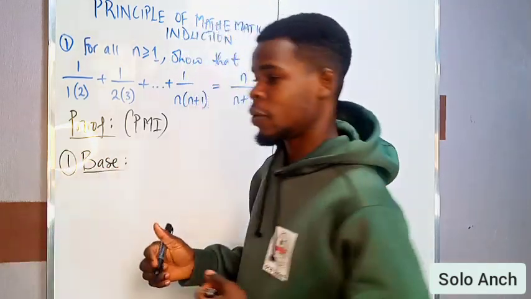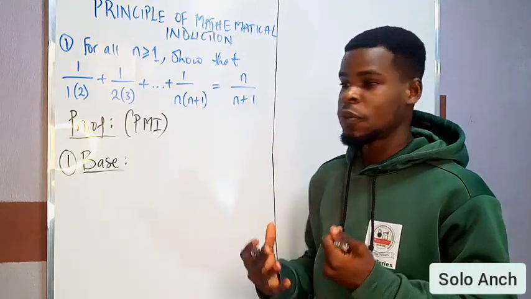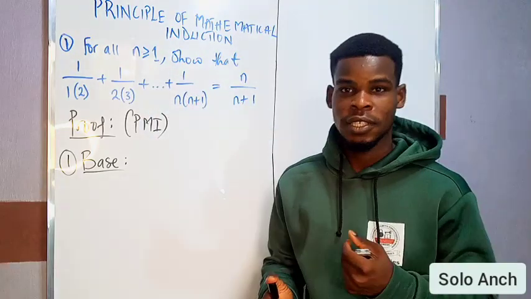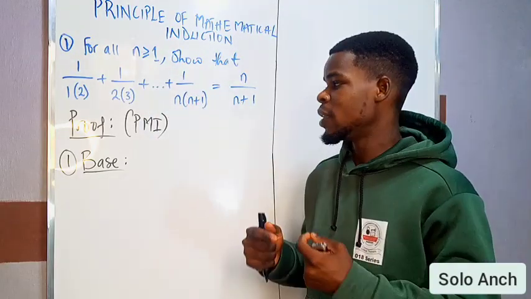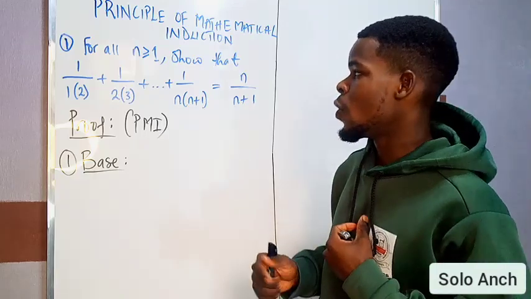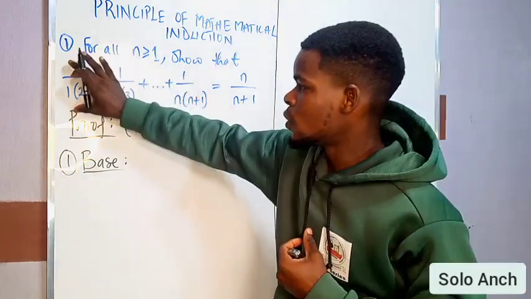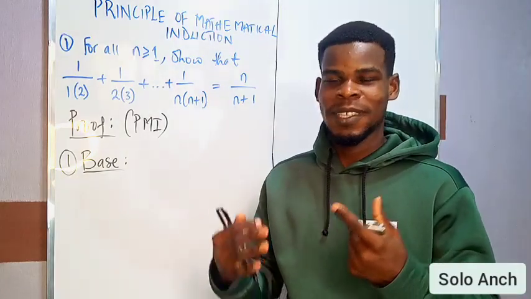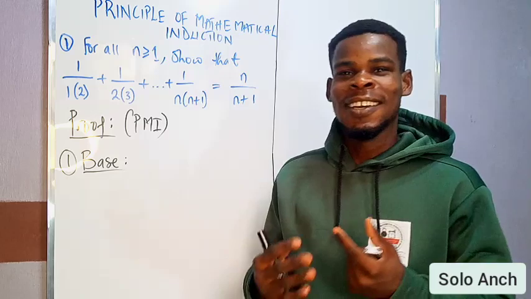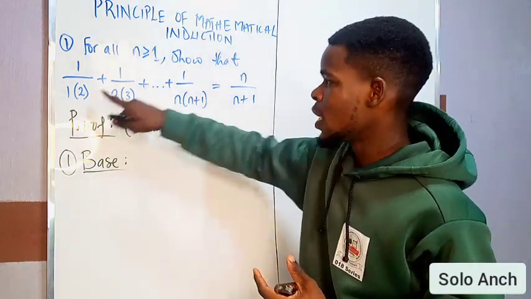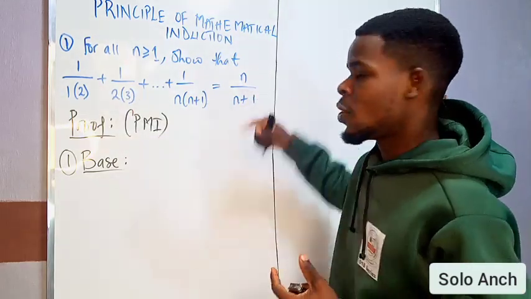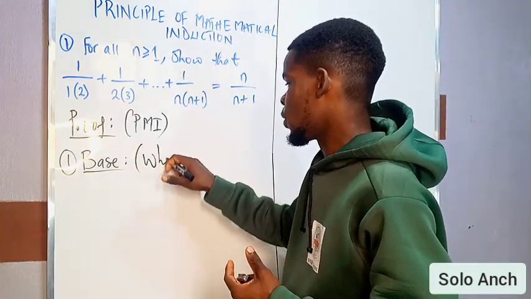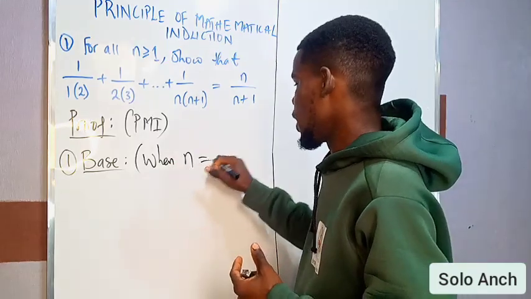In this step, we are going to be using the first element in this set. This is a set of integers greater than or equal to 1. In other words, the first element there is 1. So you want to check when the number of such fractions is 1, that is when n is 1.